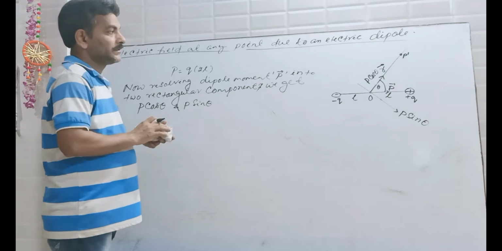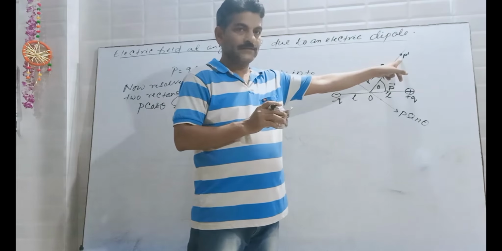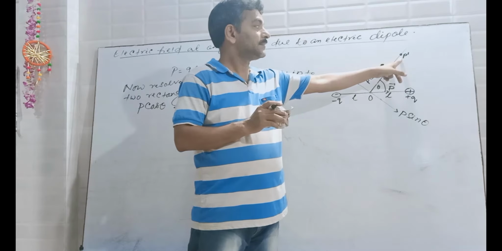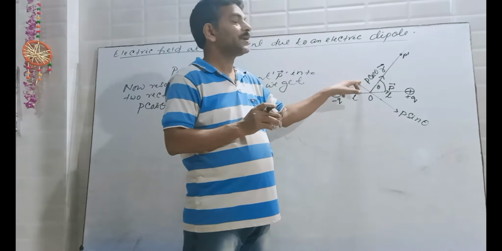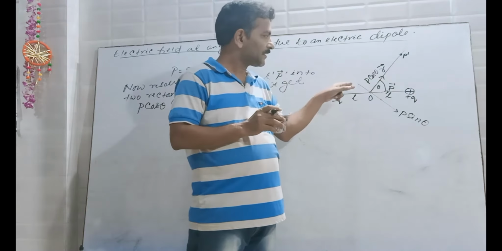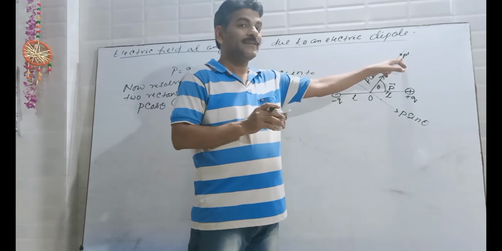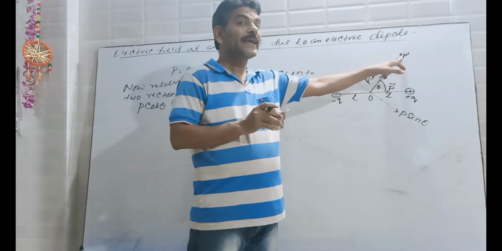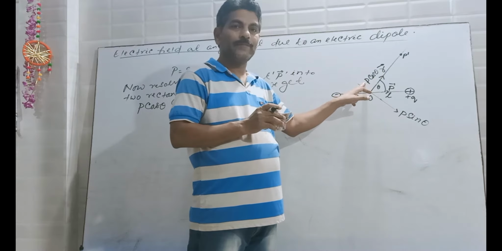Now you see that the point P dash is the axial point for P cos theta. P dash is along the direction of P cos theta. So we can say P dash is the axial point for dipole moment P cos theta.